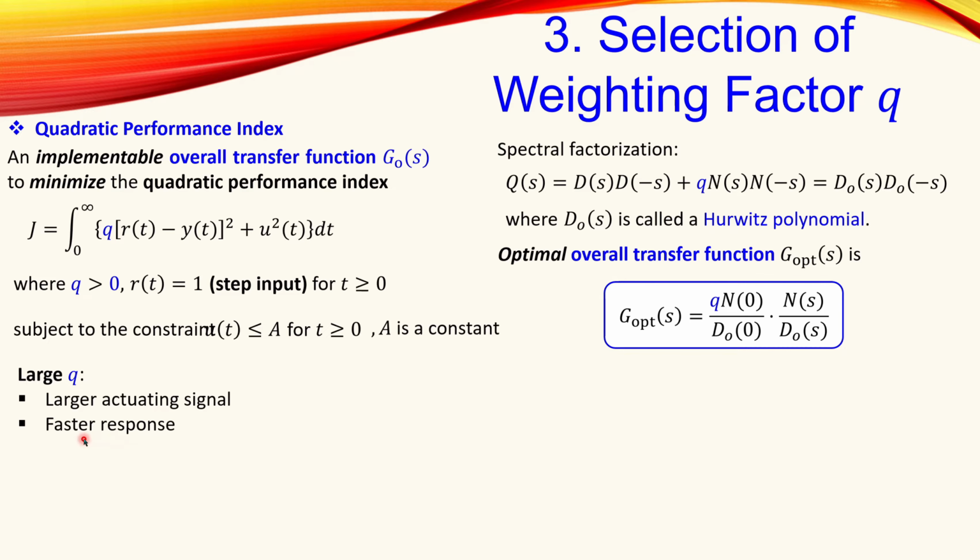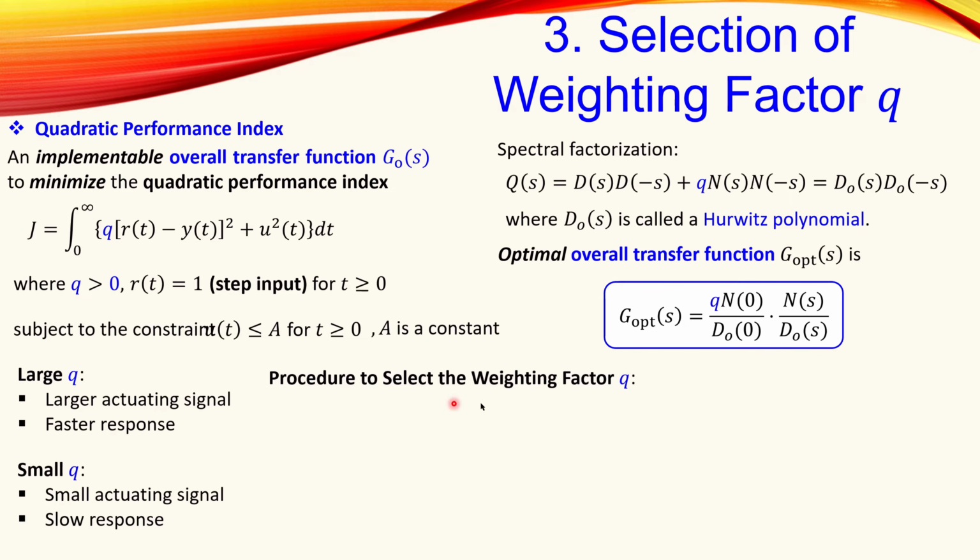So the response goes faster because I have more power in my system. But if I take a small Q, there will also be a small actuating signal, and a small response, so a slow response. Of course, there is some limit here, so I can go up to some value with my Q. It really depends on the constraint U.